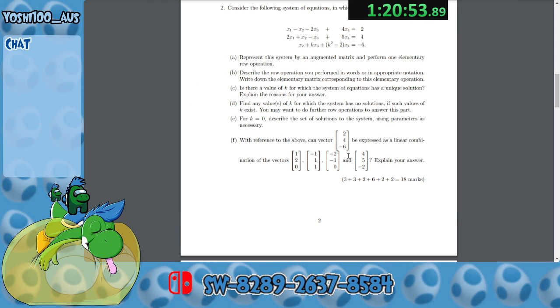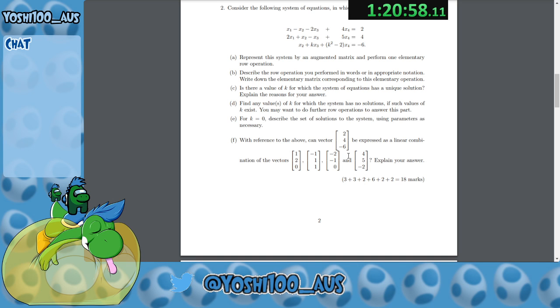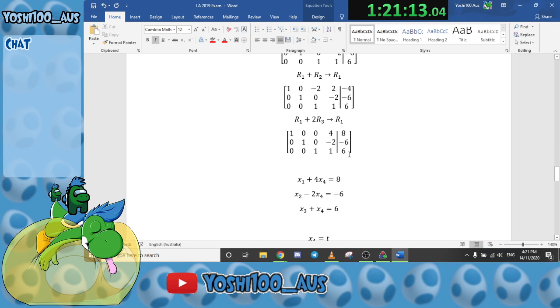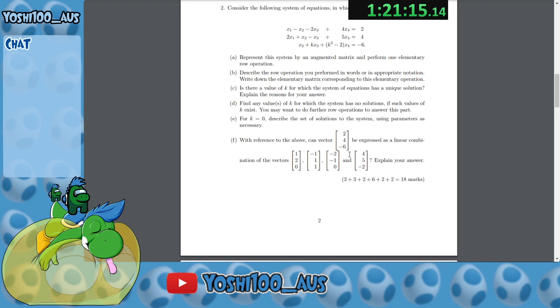Can vector 2, 4, minus 6 be expressed as a linear combination of vectors? If you find a solution, regardless of whether it's with reference to parameters or not, then it would mean that you can get to it through a linear combination of these vectors, right?